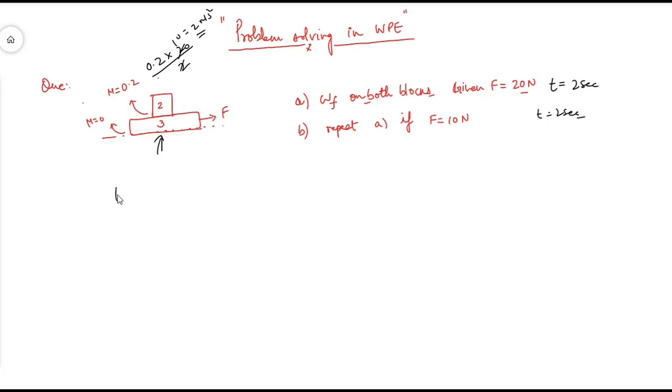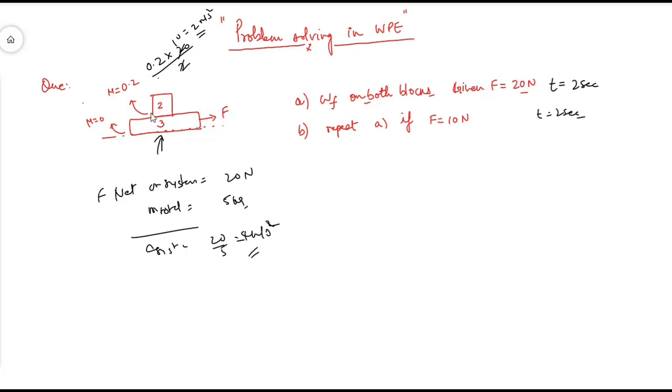So the net force F net on the system is going to be 20 Newton. Total mass is 5 kg, so A system is going to be 20 by 5, that is 4 meter per second square. So if these guys are moving together, they're going to move with a common acceleration of 4 meter per second square.